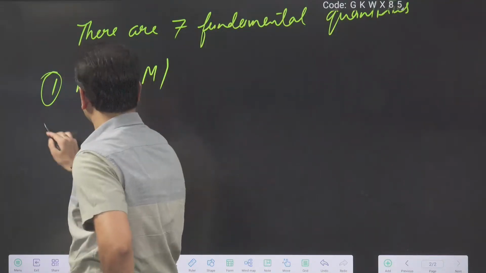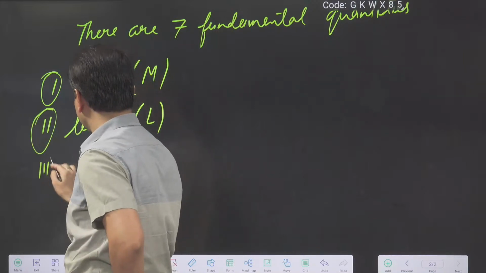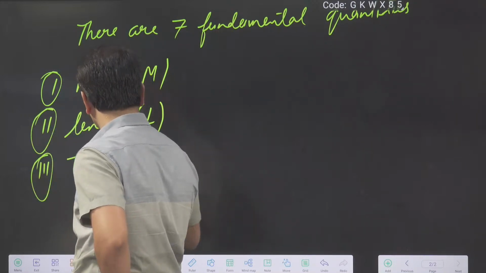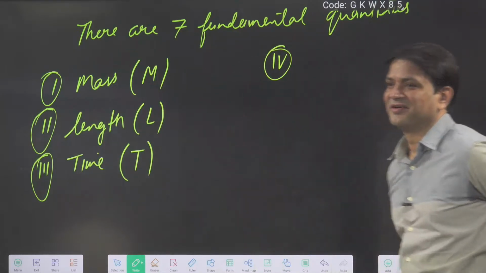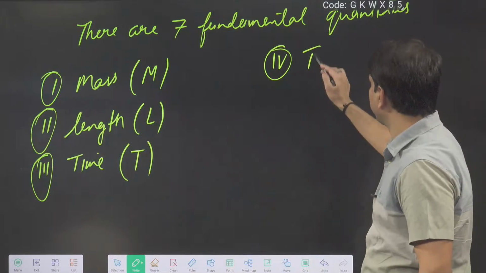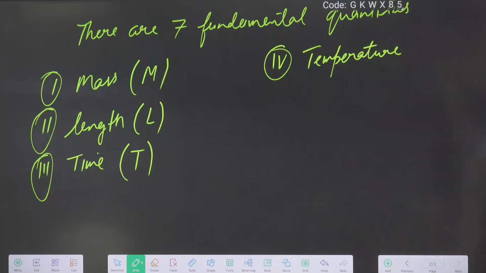Mass, length, time. Now the fourth one, temperature. That is K. Next, mole.